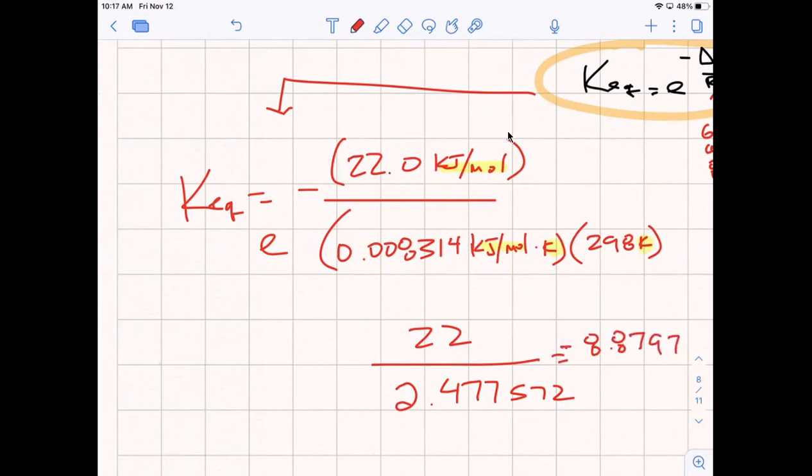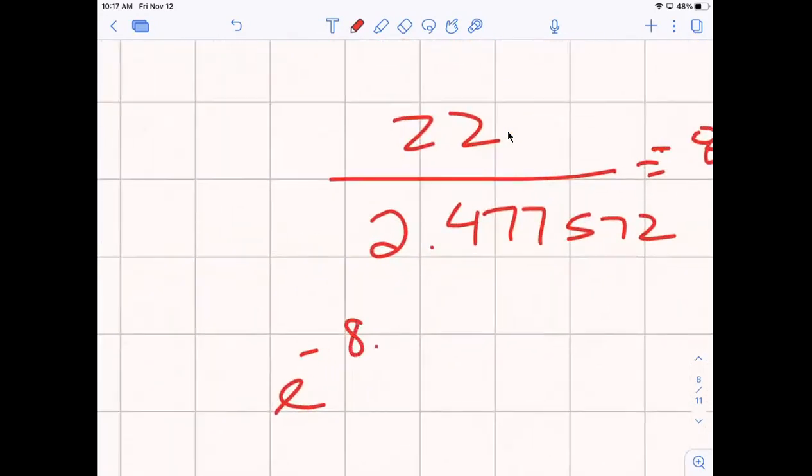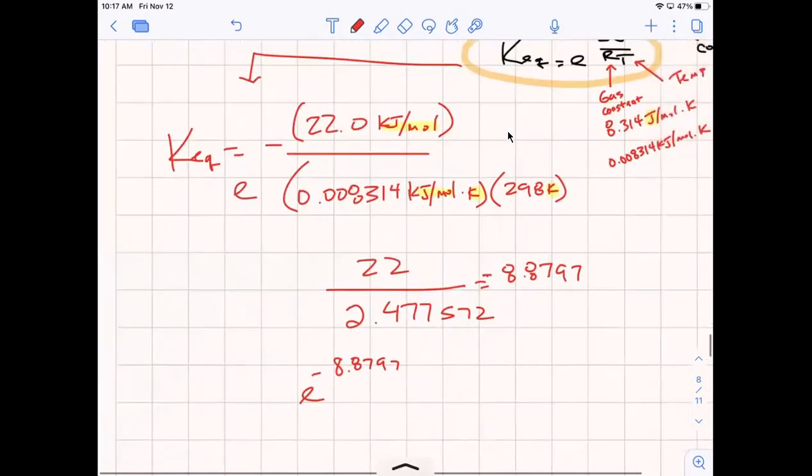And this number is negative. So it's going to be e to the minus 8.8797. Did you get that when you redid it too? Mhm. All right. I'm gonna put that in.